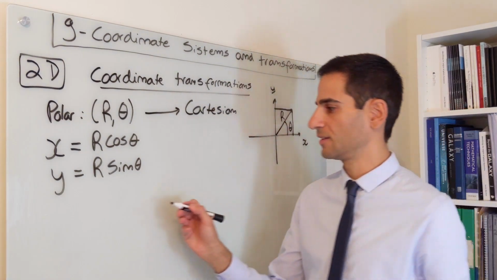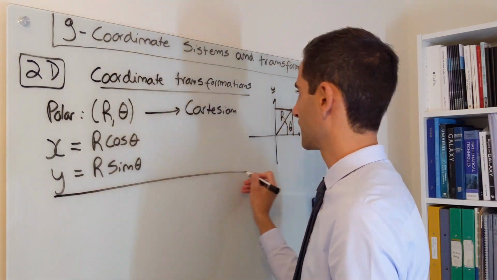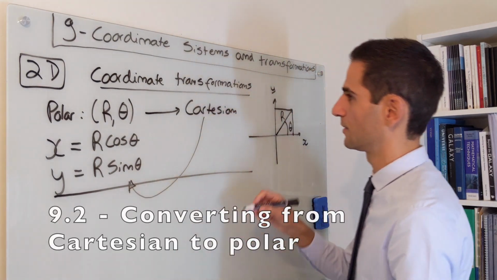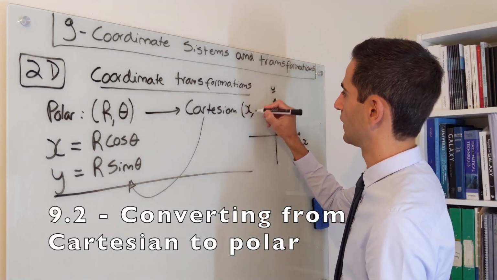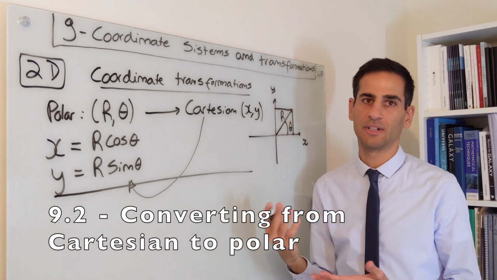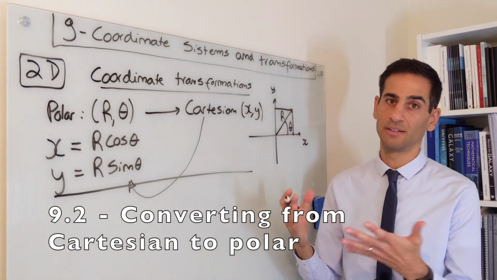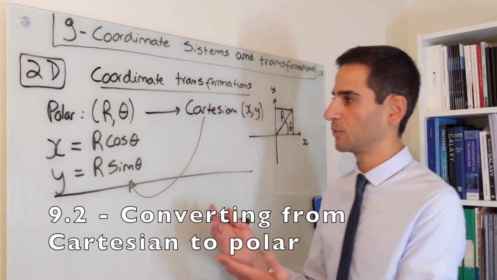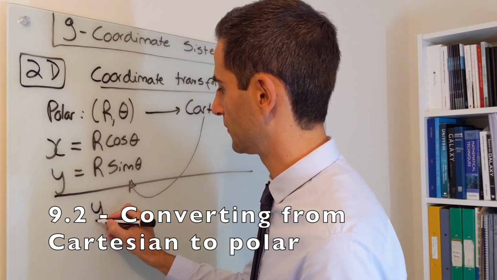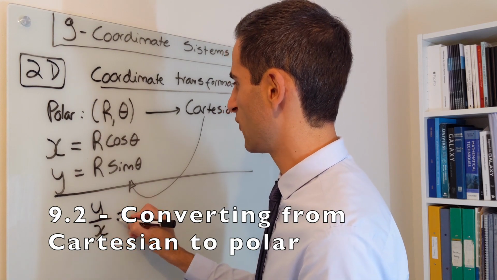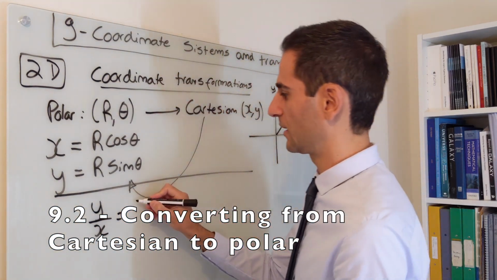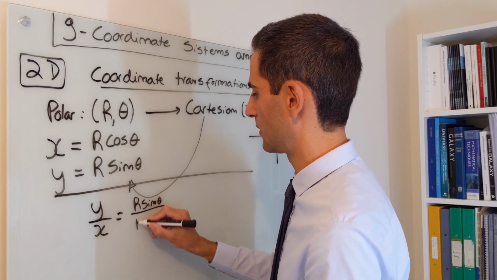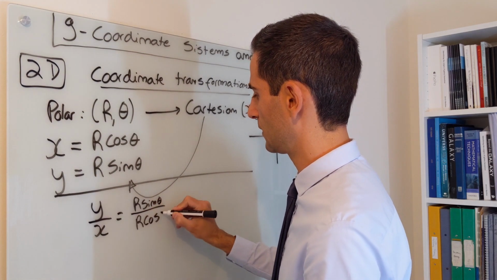The other thing you can ask is, how do we do the reverse? How do we go from Cartesian to polar? Say we have a point x, y, and we want to calculate what r, theta that corresponds to. That's relatively straightforward as well. If we have a look at y over x, we would get r sine theta over r cos theta.